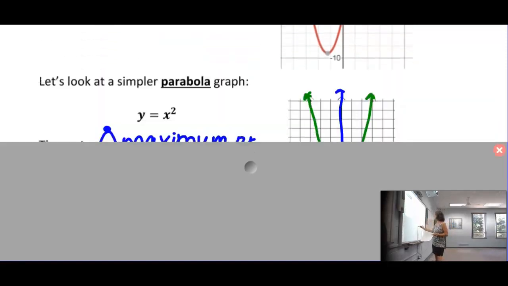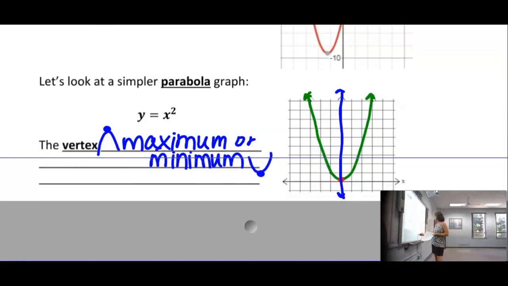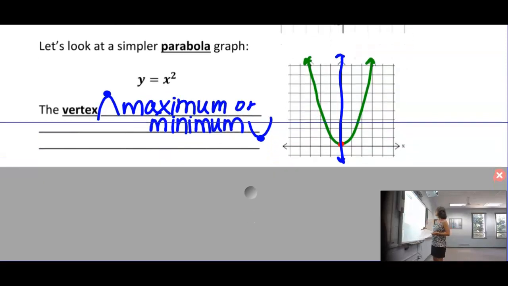Okay, couple important things. So a lot of terminology in the beginning of our lessons. When we are looking at a parabola like x squared here, we are looking at the vertex. We're going to always find the vertex when we're graphing. The vertex is either our maximum or our minimum, okay?